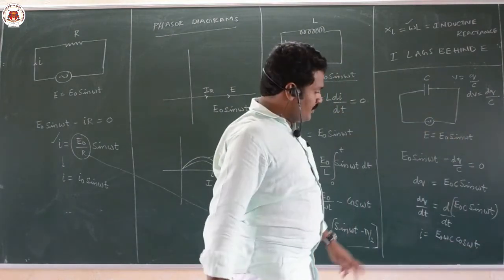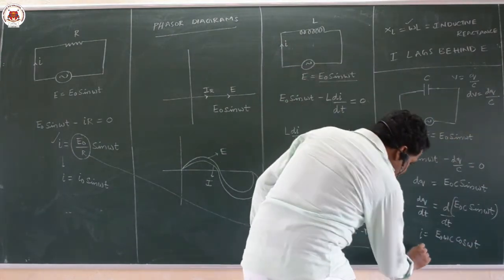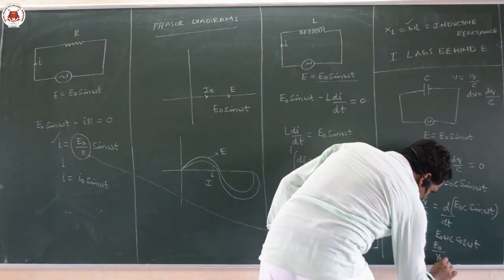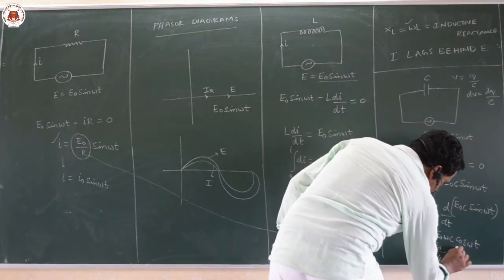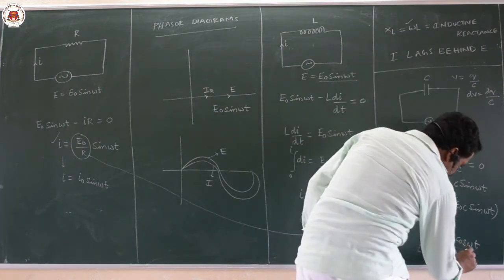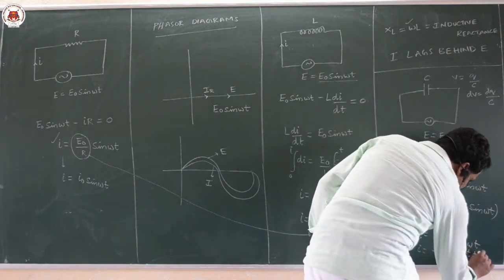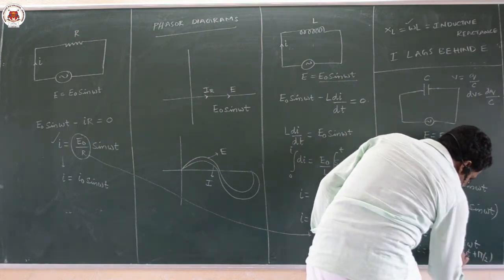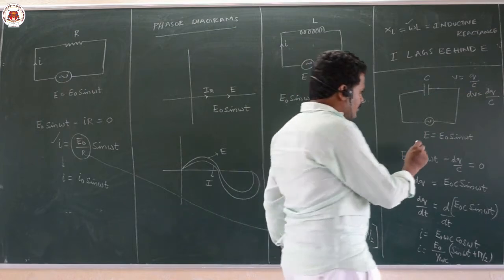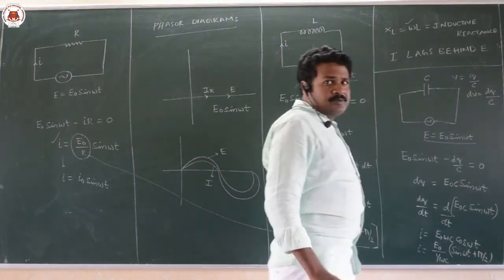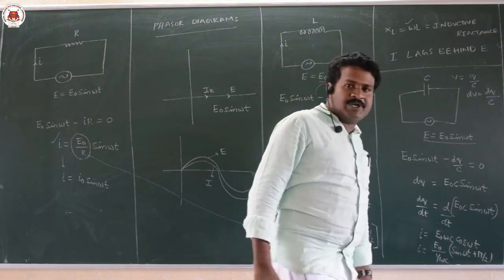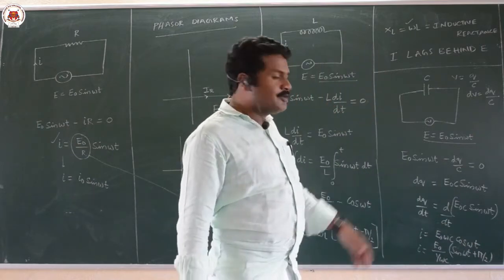Now I can write this as I is equal to E naught by 1 by omega C, cos omega t, which I can write as sin of omega t plus pi by 2.